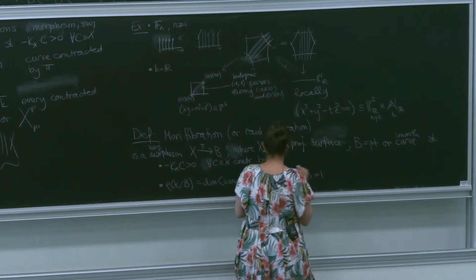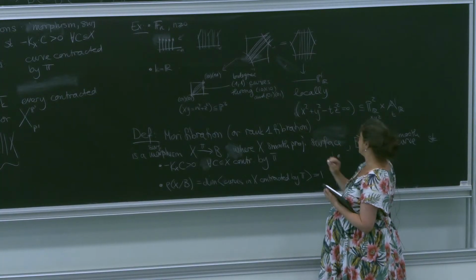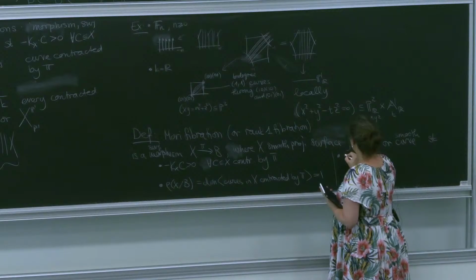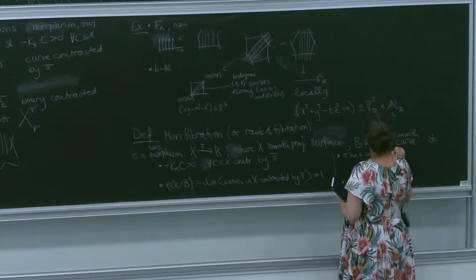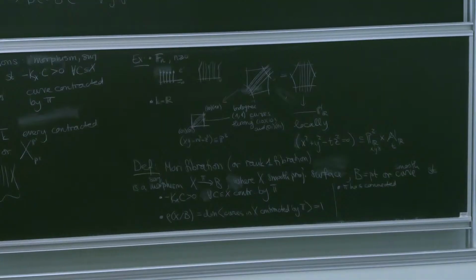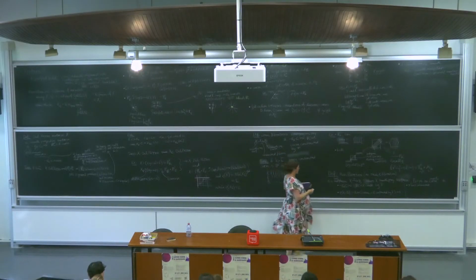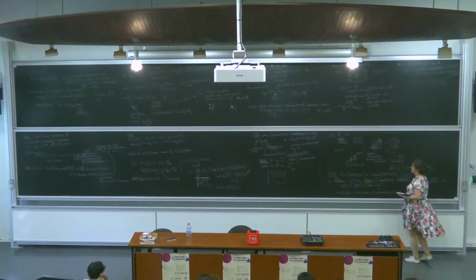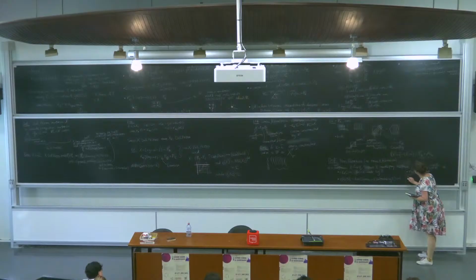This is 1. And, well, I should maybe add this: all fibers are connected. And then X itself is a Mori fiber space.